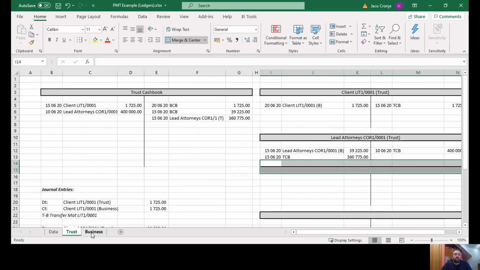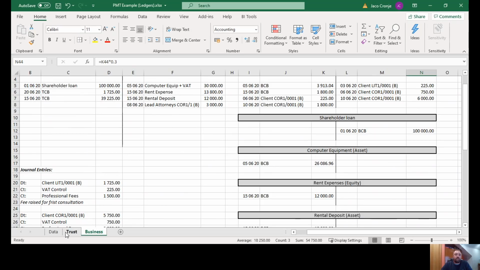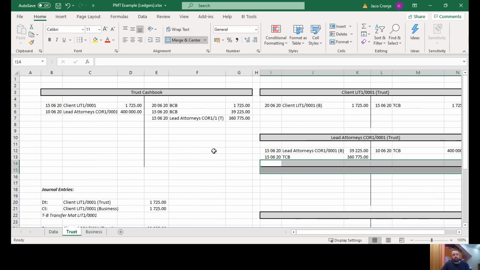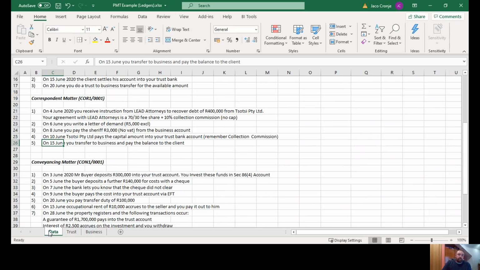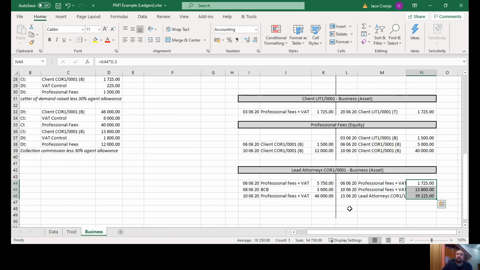They don't owe me any money in business, nor do I have any of their funds in trust. Okay, so the part that is new is where we have to allocate the collection commission. So we're going to allocate our full fee and then reverse. It's basically like a full reversal of 30% of whatever the total fees are.